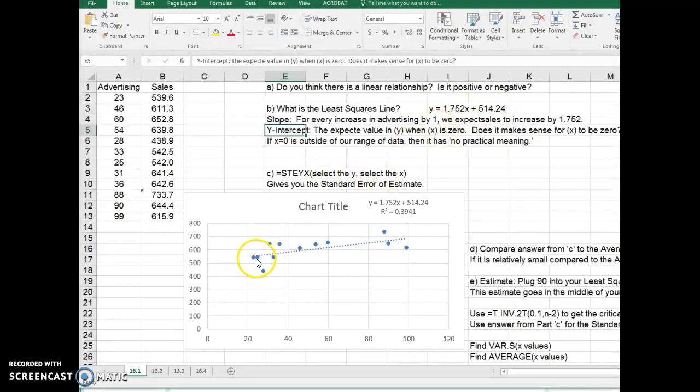And our data goes from around 20 to up around 100. So we wouldn't want to use this equation to predict our sales revenue for something below 20 or something over 100. We would use it for values in between 20 and 100. So because our intercept x equals 0 is outside of our range of data, it has no practical meaning.